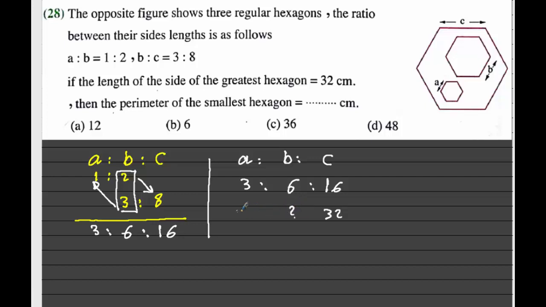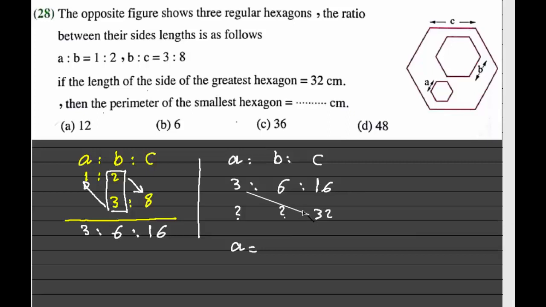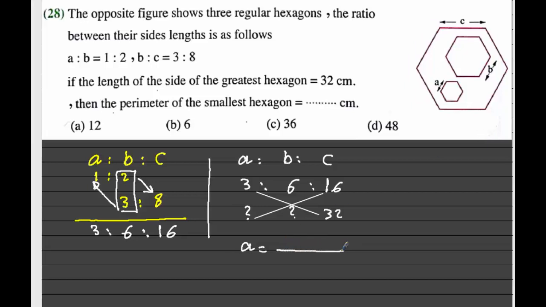If you want to calculate A or B, we calculate it as follows. We use cross multiplication here to calculate A. A equals 3 multiply 32 over 16, which equals 6 centimeters.